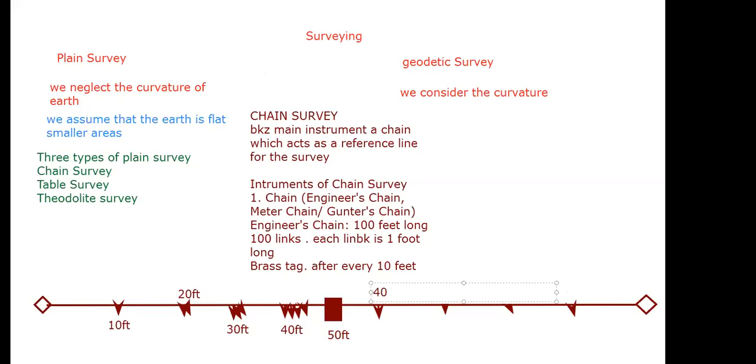If we talk about the labels, it will have 40, it will have 30, then 20, and then 10. The reason is that we can use any end of the chain as our zero. You can either use this one.